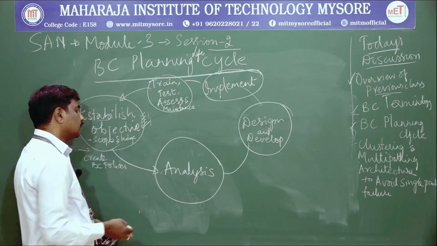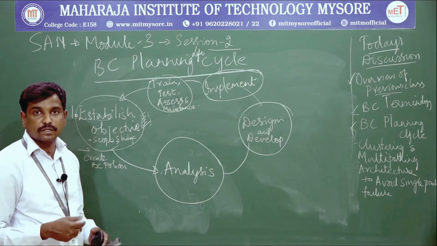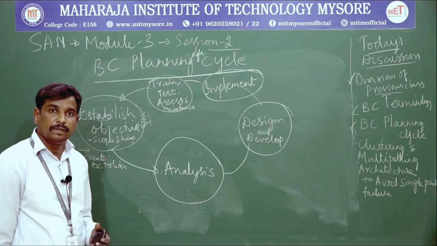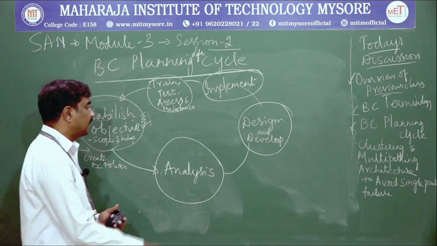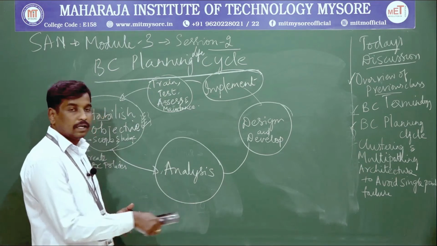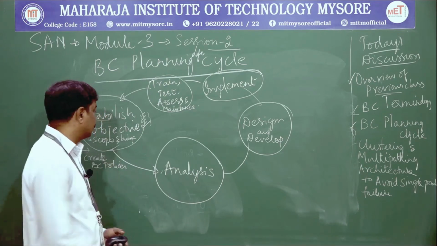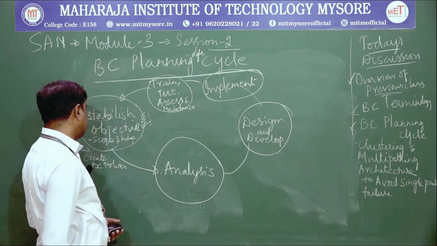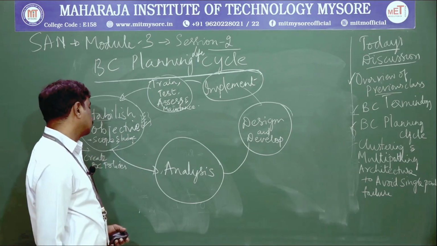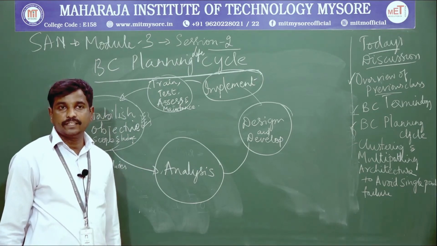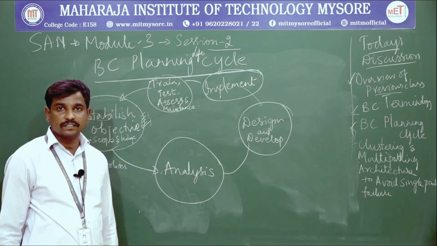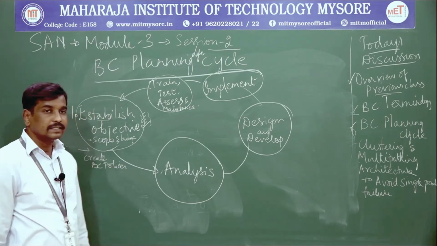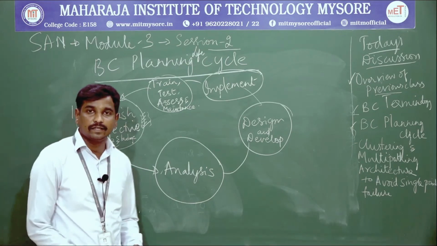That means some policies are fixed by the internal people for making the business work 24/7. So the first step is to establish business objectives by identifying the scope as well as the budget. The second thing is analysis.